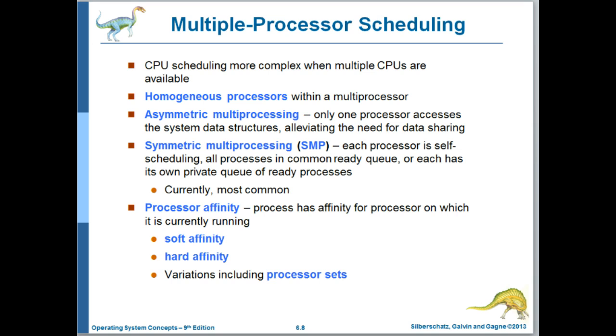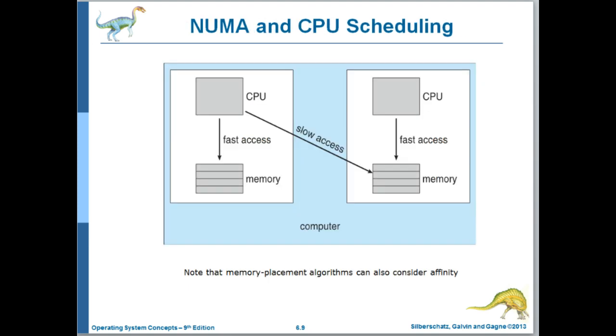If you think about the caches that are associated with CPUs, if a process moves from one core to another core, it's going to suffer a large number of cache misses until the cache warms up and becomes loaded with the process's active memory.